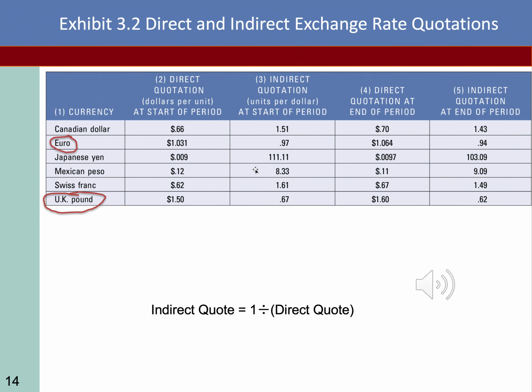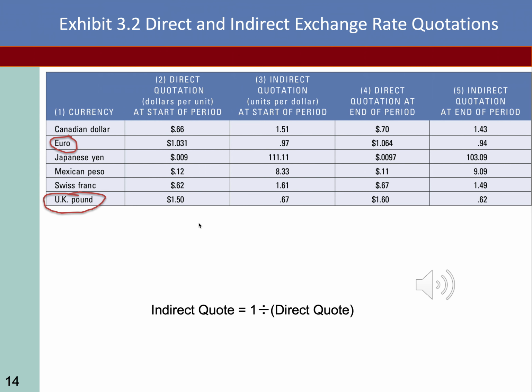And for the Japanese yen, look at the direct quote, it is 0.009. The ending price is 0.0097, so it's going up. The Japanese yen actually goes up. But the indirect quote gives you the opposite, because the indirect quote reflects the reverse image, which is the dollar, right?